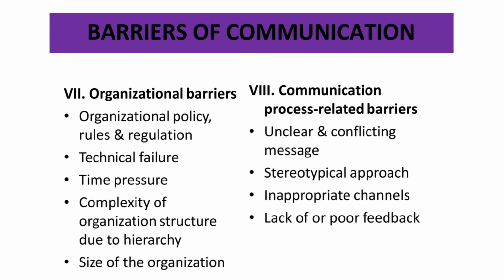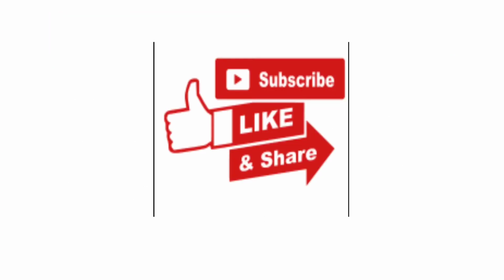So inappropriate channels of communication, and not giving proper feedback. Even if you have seen the message, if you are not replying to it, if you are not calling them and talking to them, or if you are not texting, then again it is going to be a problem. These all come under communication process related barriers.